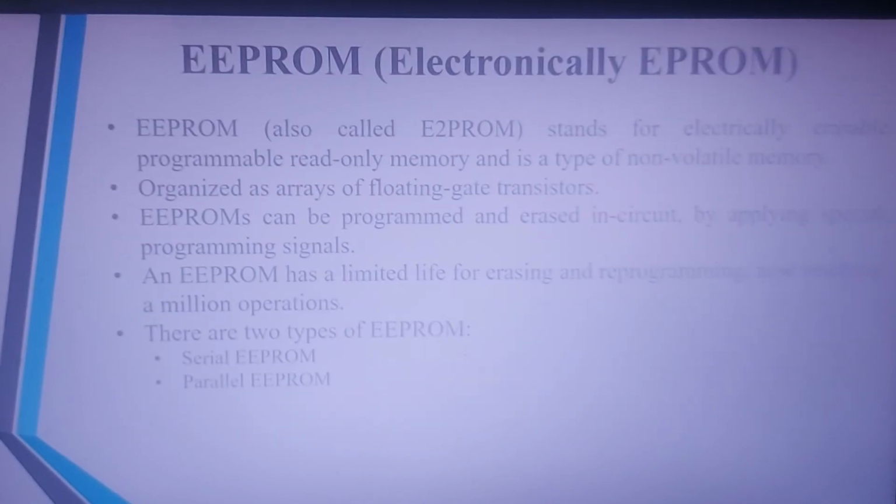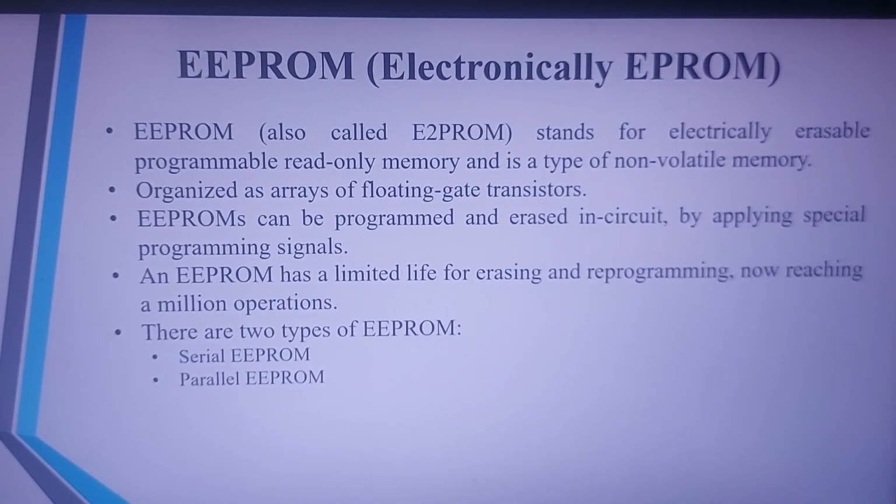Then another memory we have is E2PROM or EEPROM, that is electrically erasable and programmable read-only memory. As the name itself suggests, it can be erased and programmed both electronically.